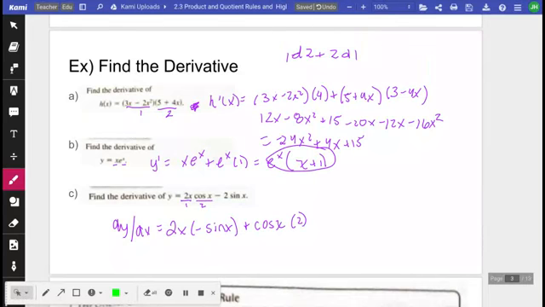And then I still have to derive this part. So minus 2 cosine x. The only real simplification, if you notice this is 2 cosine x's and this is negative 2 cosine x's, you can get rid of those. And you don't want to leave this negative in the middle, so you should rewrite it like that.